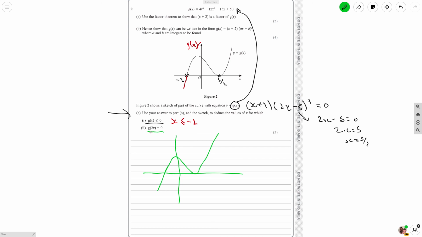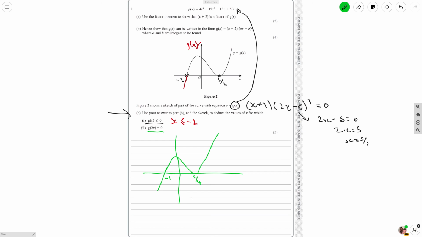The 2 is inside the bracket, so it's a horizontal transformation. And horizontal transformations do the opposite of what you think they would do. It looks as if we should multiply the x values by 2, but we do the opposite, we divide by 2. So this is going to become minus 1, and this is going to become 5 over 4. Notice how, because it's a horizontal transformation, I can really just draw the same graph but change the values.